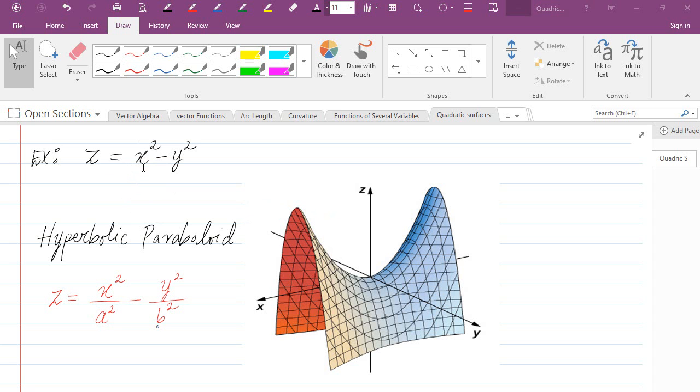Well, if I set x to k, then I see that z is equal to k squared minus y squared, which would be a parabola that opens downward in the negative z direction in that plane. So I see that traces in planes parallel to the yz plane are falling parabolas. So these are these parabolas that we have. These are the traces in planes x is equal to k. Okay, so that gives us a pretty good idea about the shape of this surface.